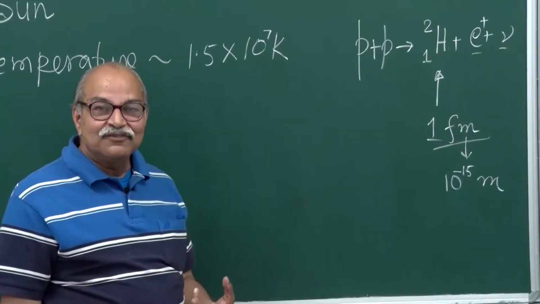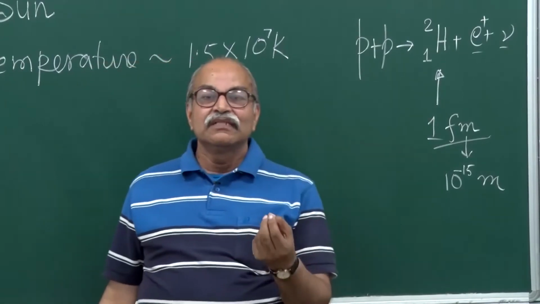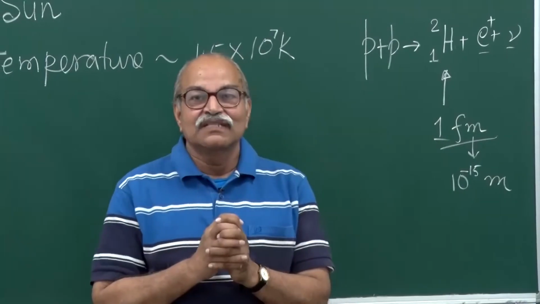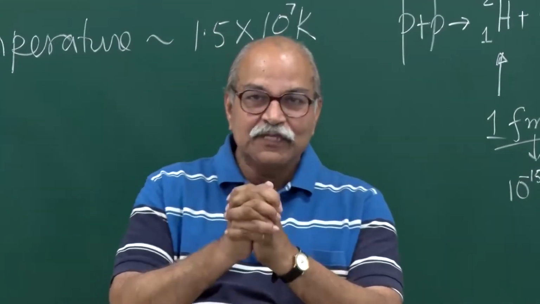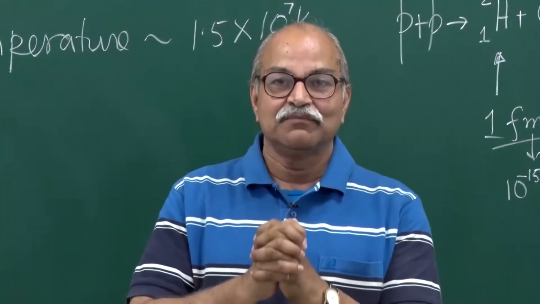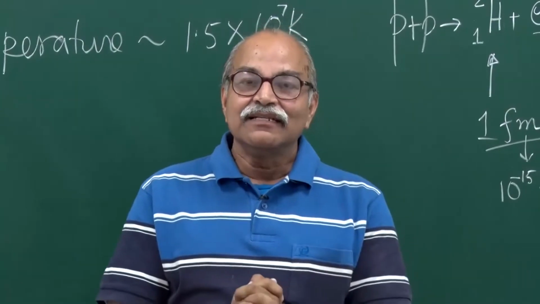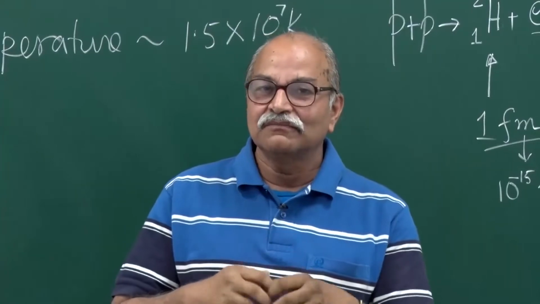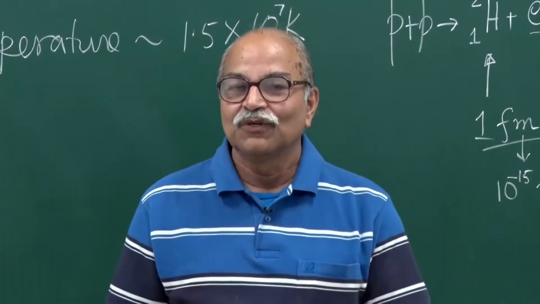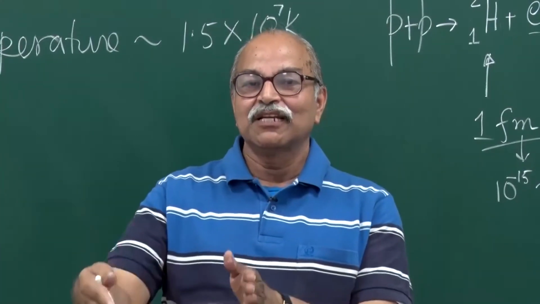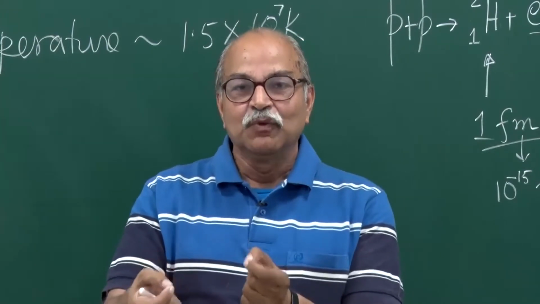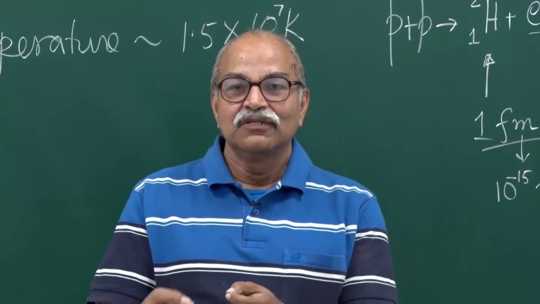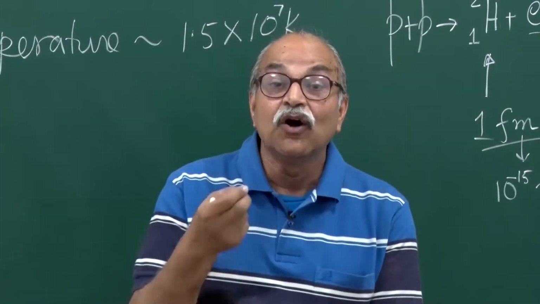And why is that? Why are nuclei of that small size? Because the nuclear force which keeps this nucleus bound as one unit is a very short range force. The nuclear force falls to almost zero once the separation between two particles, two protons or two neutrons, or one proton, one neutron, which we call nucleon, becomes large.